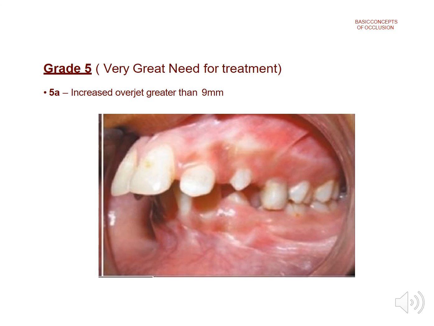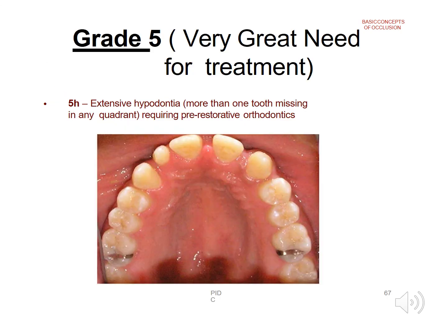DHC 5A, sorry, is an increased overjet greater than 9 mm. 5H is extensive hypodontia with more than one tooth missing in any quadrant, requiring pre-restorative orthodontics. So you look at this photo, the patient has more than one missing tooth in the same quadrant.